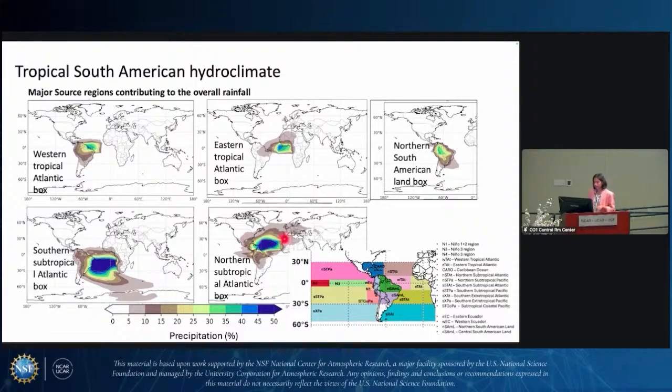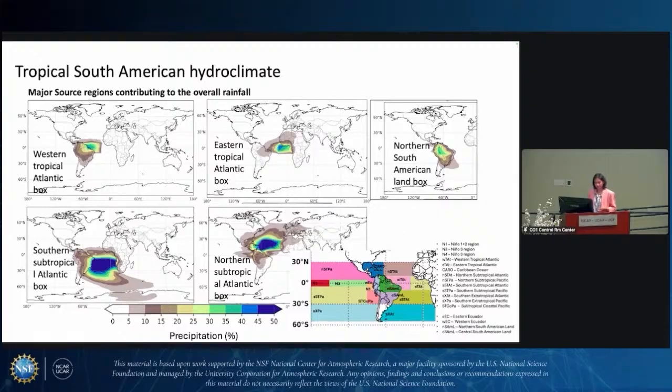The one source region that I want to focus on for this talk is the northern South American land box. That is the contribution of local recycled moisture, or the evapotranspiration happening over the land. The values that we see here are the contribution to the total rainfall.